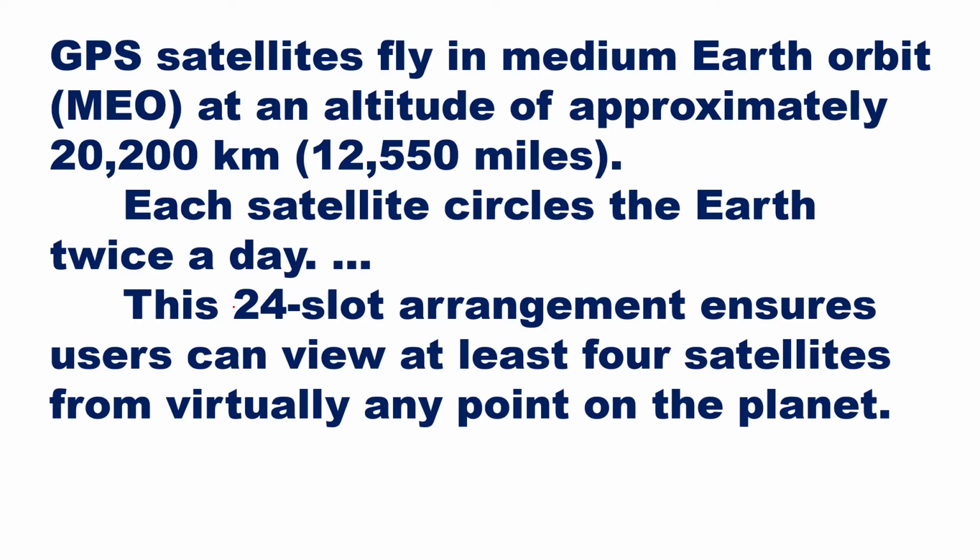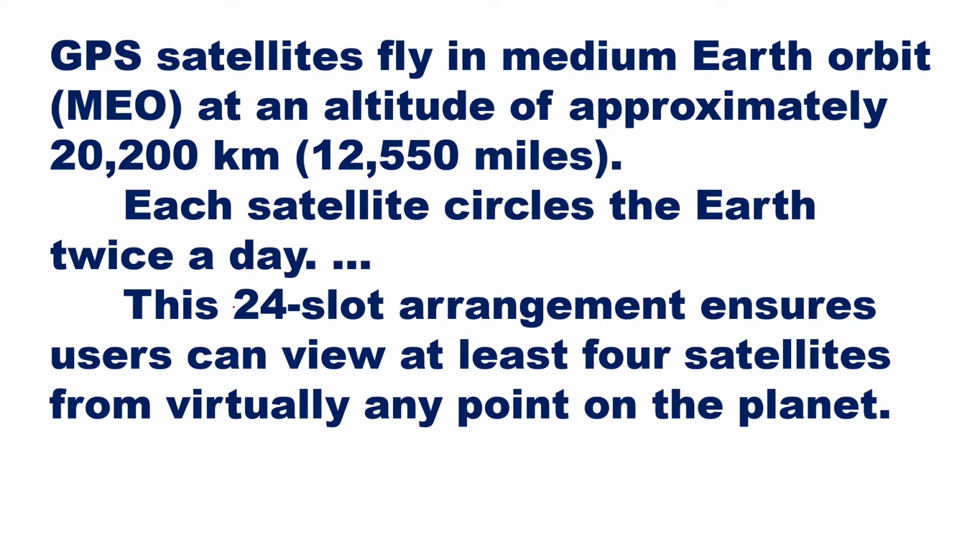This 24 slot arrangement ensures users can view at least four satellites from virtually any point on the planet, that is Earth. So from any point on the Earth, you can at least view four satellites so that your GPS can give you the correct parameter.